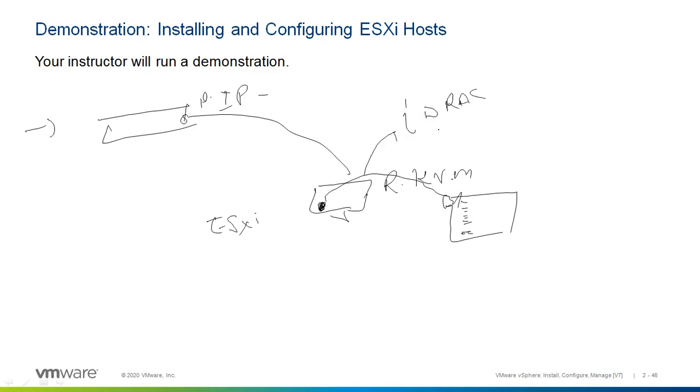In iDRAC, you will get a number of pieces of information, but out of them, there would be a tab for launching the remote console. So you will launch the remote console. You will see what actually is happening inside this server. You will map your drive and you will just restart your ESXi host. Once you restart, sorry, it is not an ESXi host so far, it is a physical server. It will start to boot from your ESXi ISO.